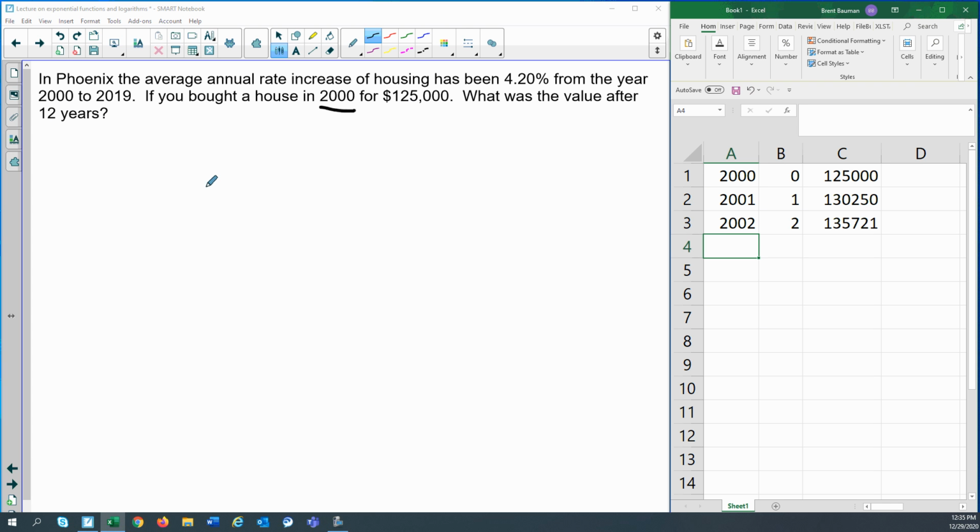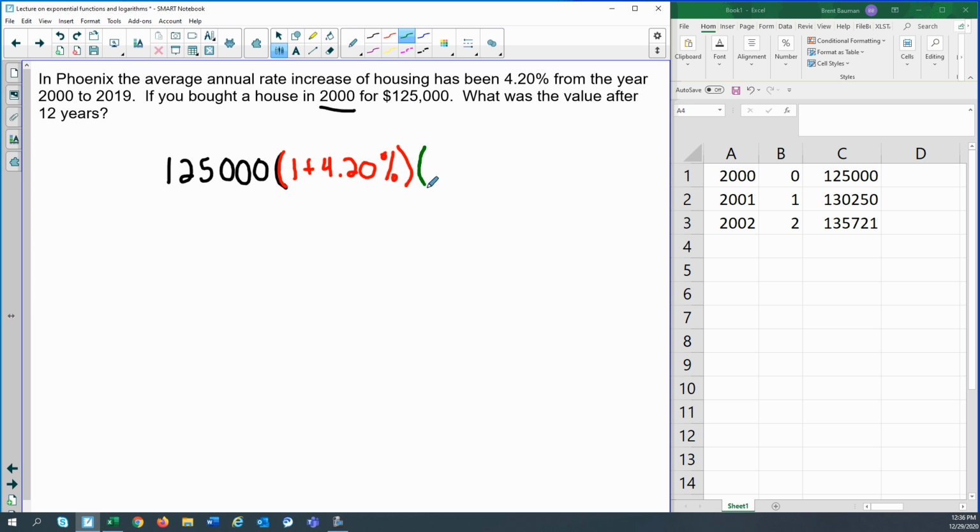So what's happening is what we've done so far is we've taken the 125,000 and multiplied it for the first year by 1 plus the 4.20%. And that gives me an answer. And then we took that answer and multiplied it again by 1.420%.